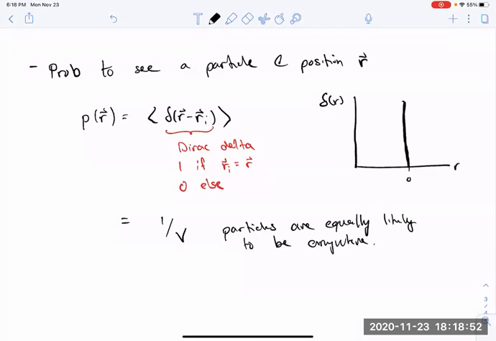So while asking for where all the particles are at one point in time contains way too much information, asking for where one particle is contains no information, it just tells us how big the box is that we've put these particles in.